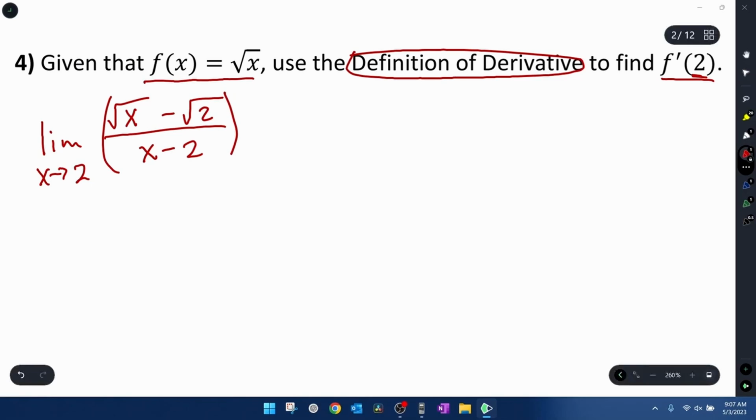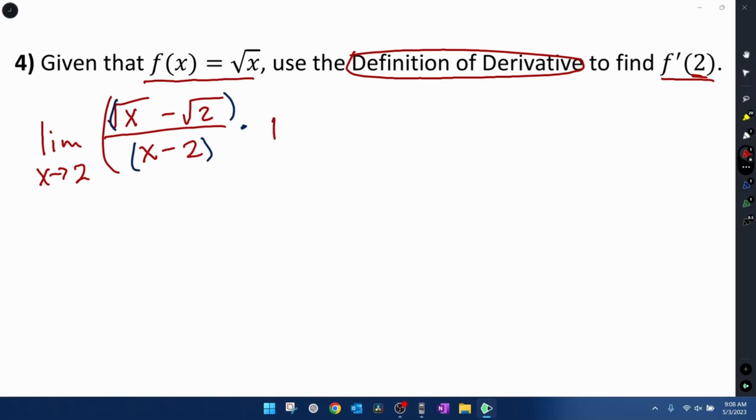And so here, again, we're going to have to do some algebraic manipulation so that we can let x go to 2. So what we're going to do is take the numerator and the denominator and multiply by 1. Okay, not really, but yes, really, 1.